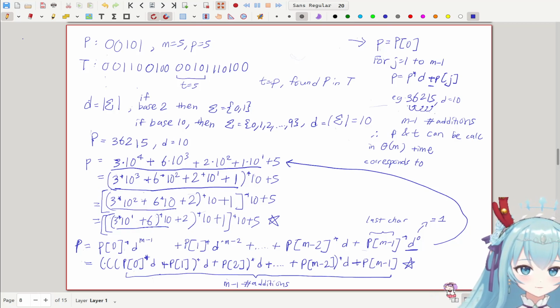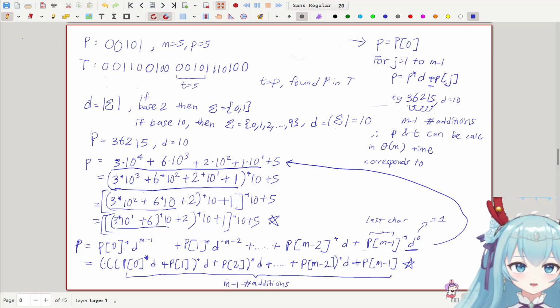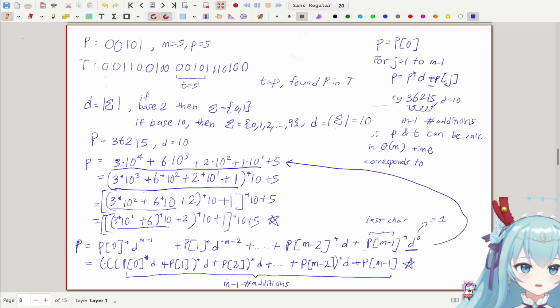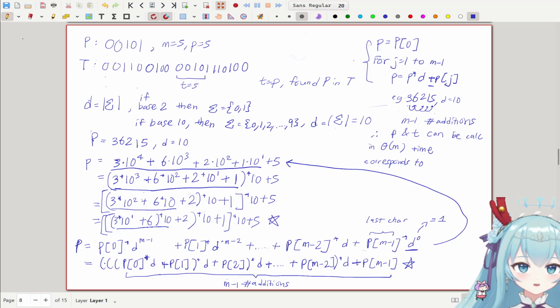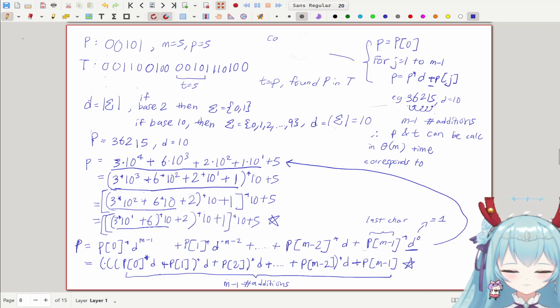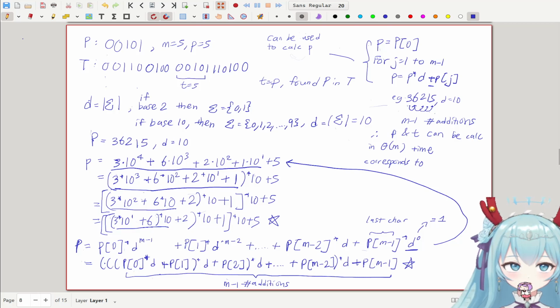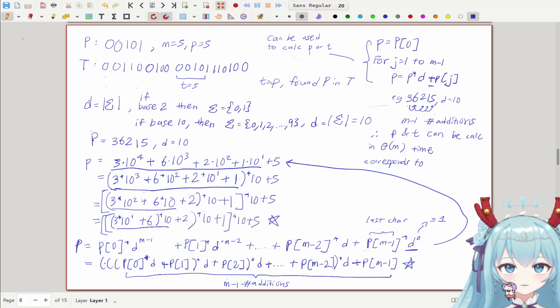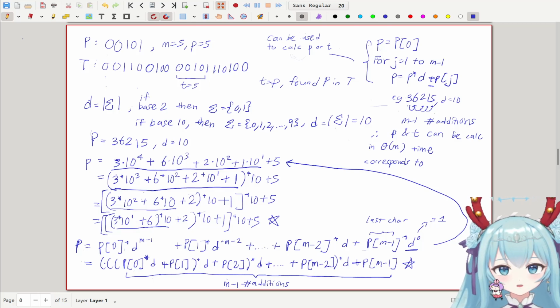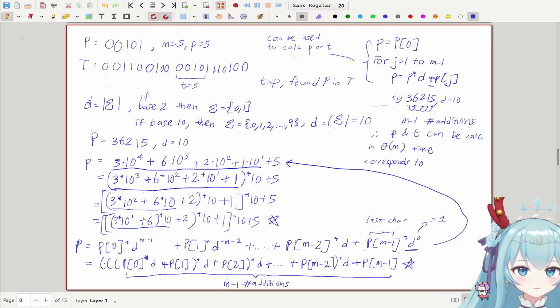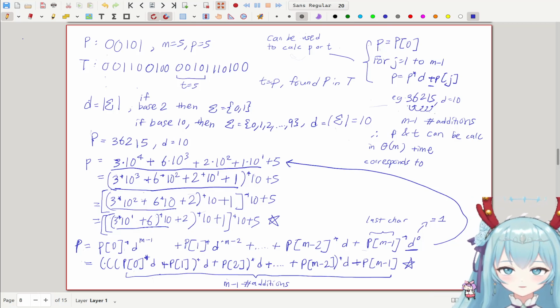So we need to remember that this algorithm to calculate P over here can be used to calculate small p or small t. So if you want to calculate small t, you just basically replace small p with t in the code, and the logic is still the same.